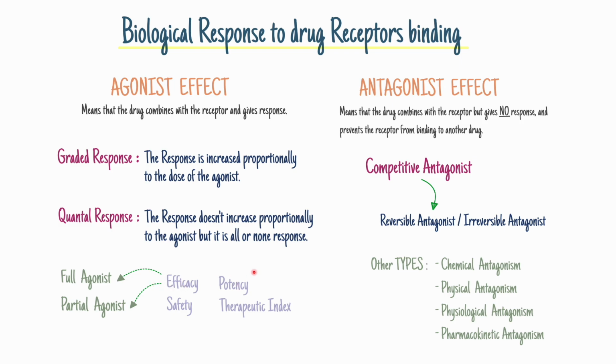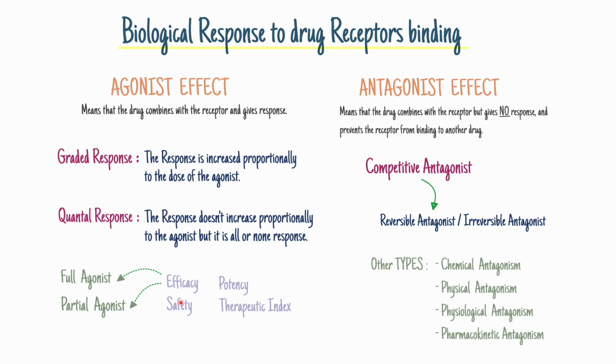For example, its efficacy will be 60%, 50%, 70%, not like drug A, which gives almost 98% or 100%, let's say. So the drug that has a high efficacy is called a full agonist. The one that has low efficacy is called a partial agonist.